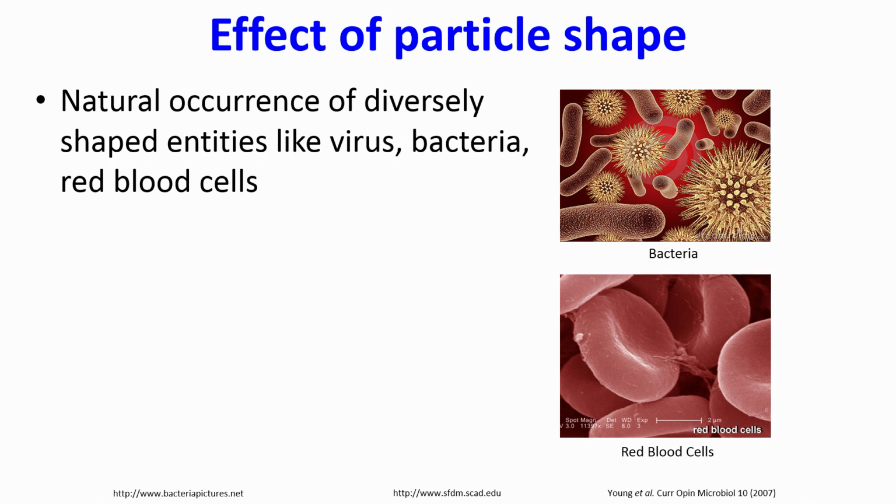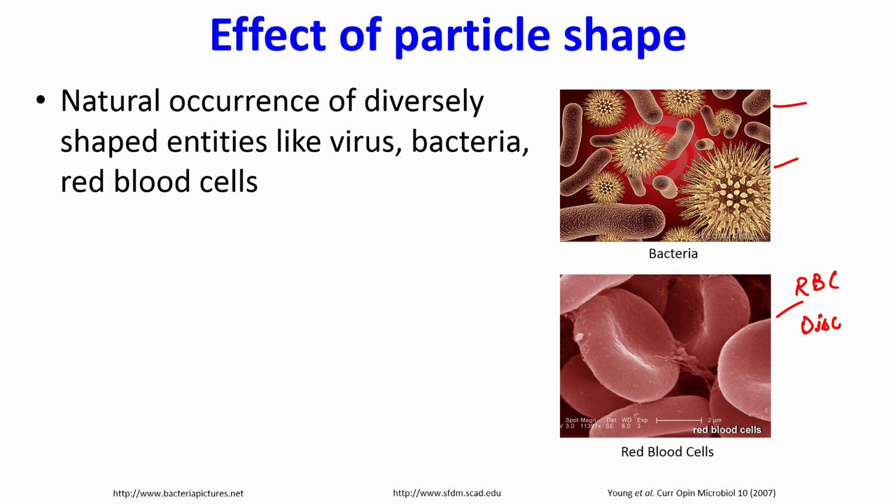The other thing that comes to mind is the particle shape. So far, most of our discussion has been about spherical particles, but if you look at nature, you will find that not everything is spherical. You have spiky kinds of viruses, you have rod shaped bacteria, you have spherical bacteria, and you have our RBCs, which are disc shaped particles, and they have evolved over millions of years to maintain this shape, which also confers some advantages.